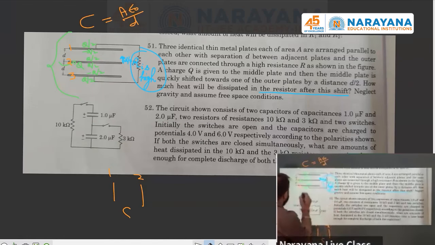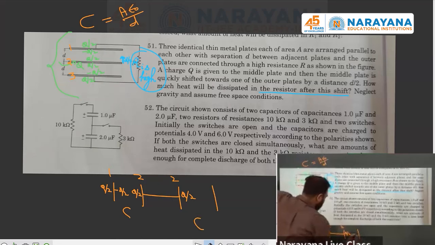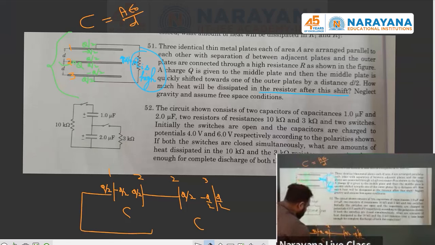So, what was its charge? 1 has got a charge of minus Q by 2 inside. Q by 2 is there. And 1 has got something outside also. Let it be. And then there is another 2, which has got a Q by 2, which is forming a capacitance C, minus Q by 2 with 3. 3 is also having Q by 2 outside. And then this resistor is present here. So the circuit is like this.